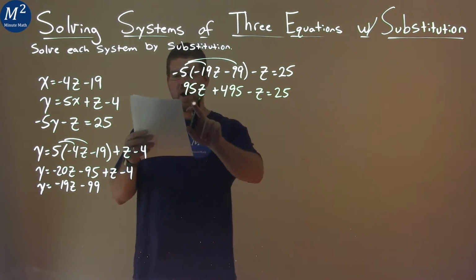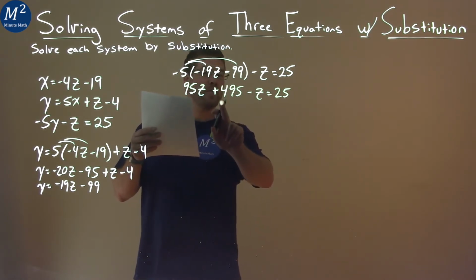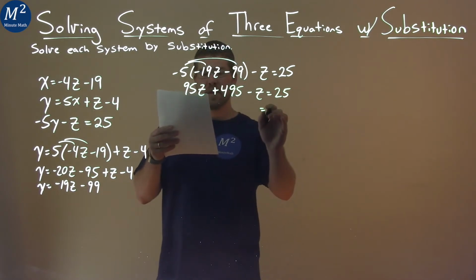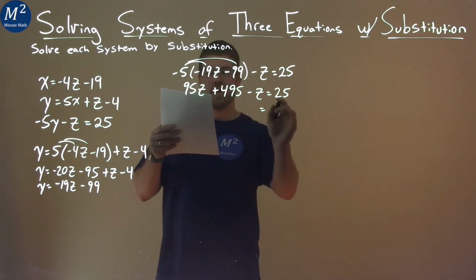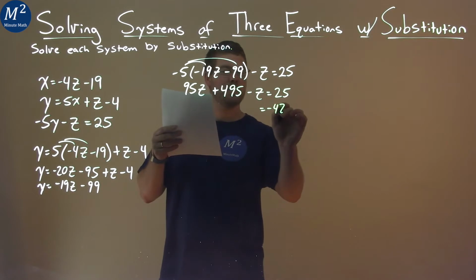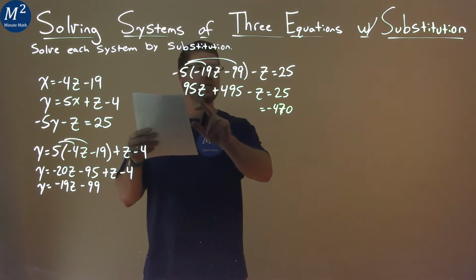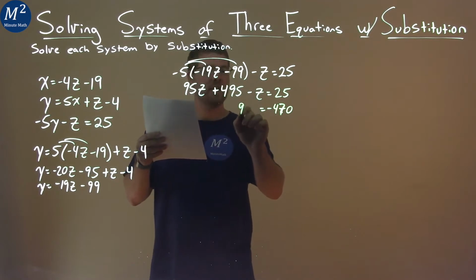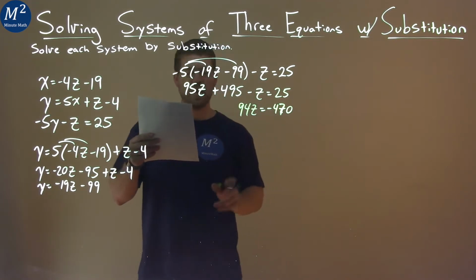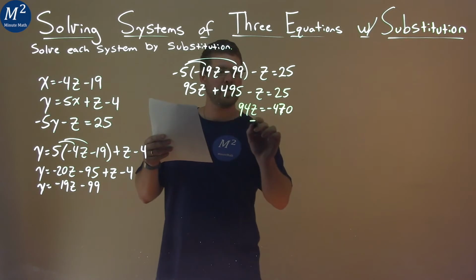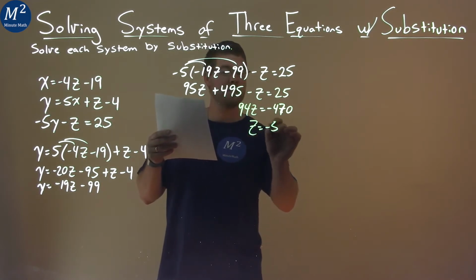So if we subtract 495 from the other side, we get 25 minus 495, which is negative 470. And 95z minus 1z is 94z. Divide both sides by 94, and z equals negative 5.